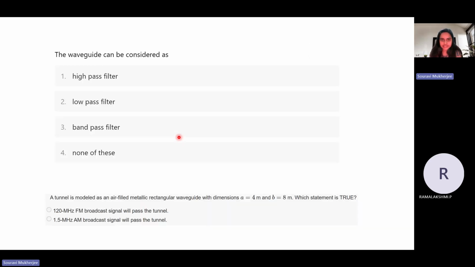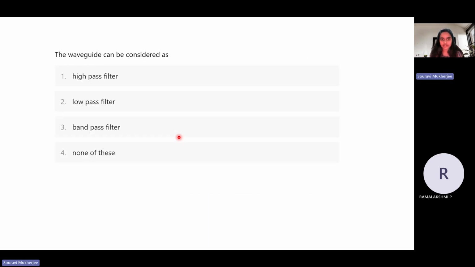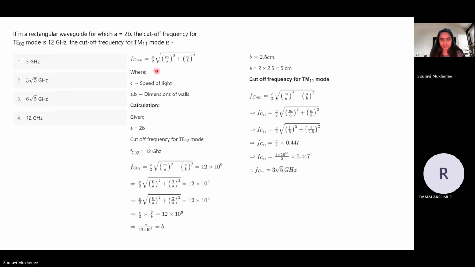So just a hint is that if this is your expression of cutoff frequency, we use the same expression for both TE mode and TM mode, right? Both TE and TM have the same equation of cutoff frequency. The only difference between TE and TM mode comes in the lowest value, the lowest frequency possible.